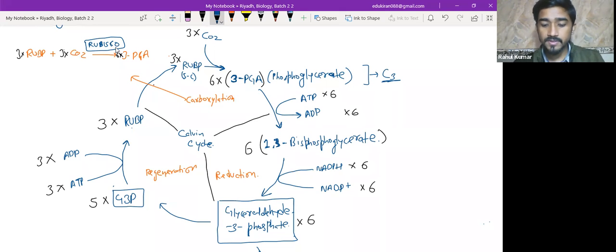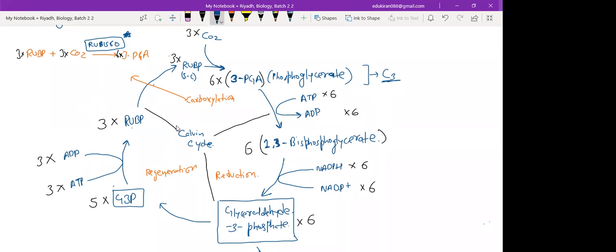Write down, Rubisco is the pacemaker enzyme of the Calvin cycle and the most abundant enzyme of the biological system on Earth. Okay, because the Calvin cycle is common for all plants, C3 or C4. So is it clear, everyone?